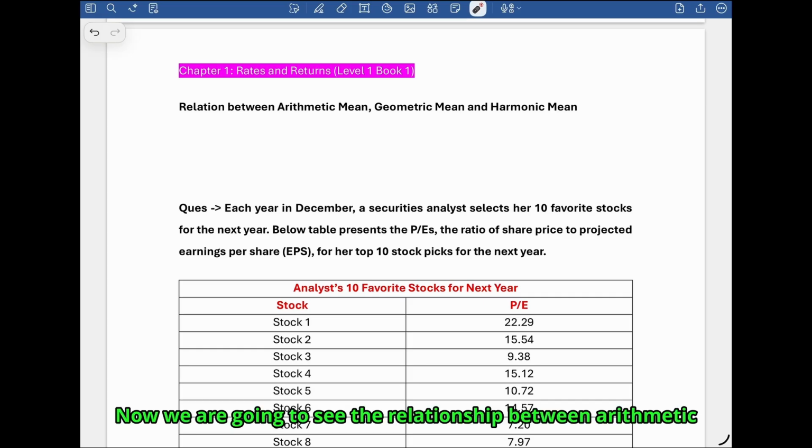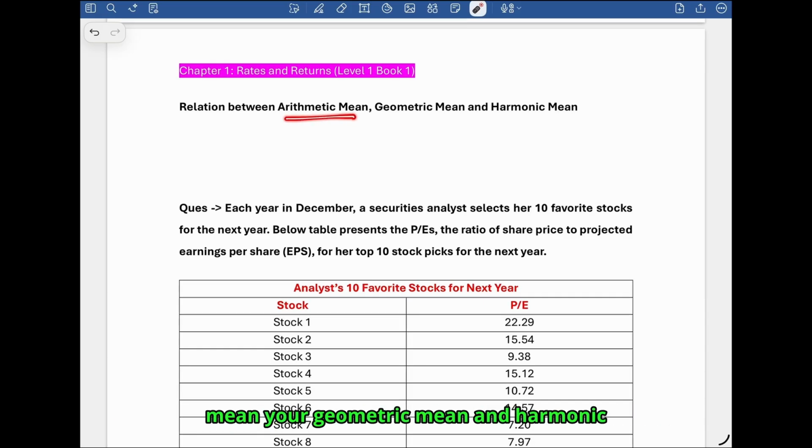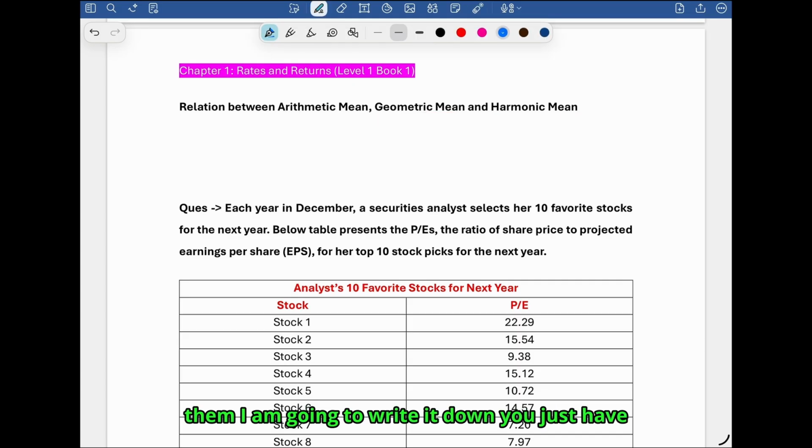Now we are going to see the relationship between arithmetic mean, geometric mean, and harmonic mean. There is a formula which relates them. I'm going to write it down. You just have to remember it.